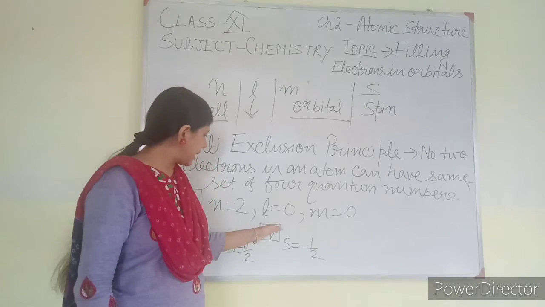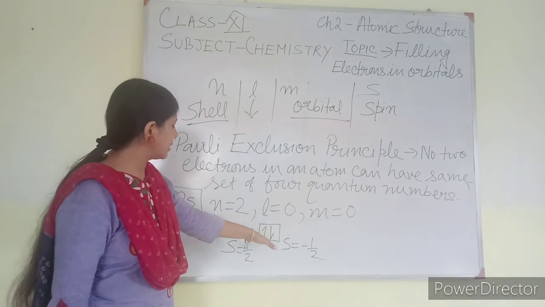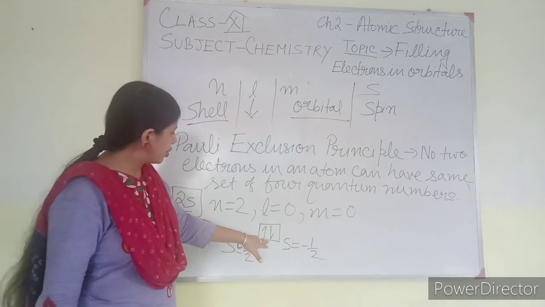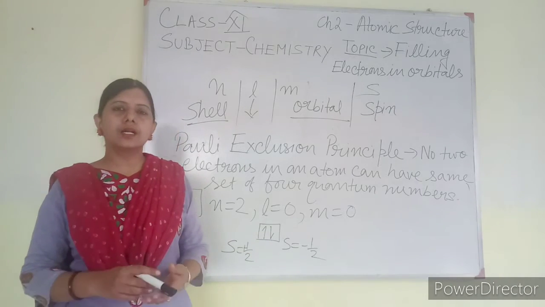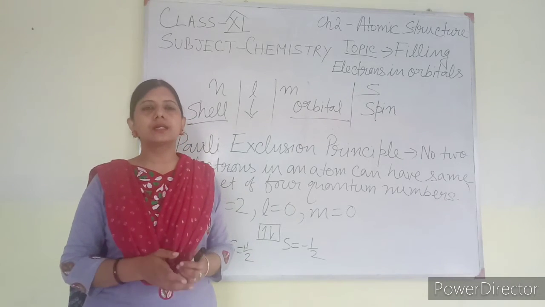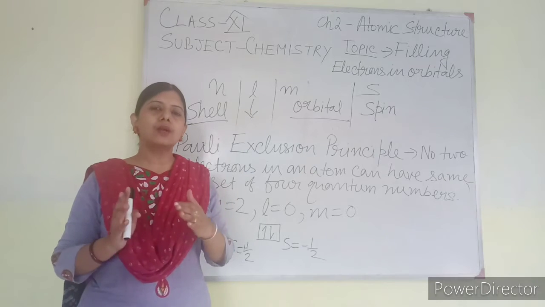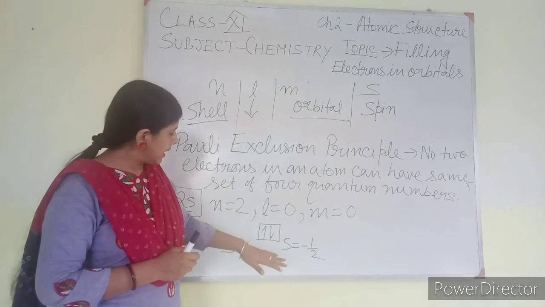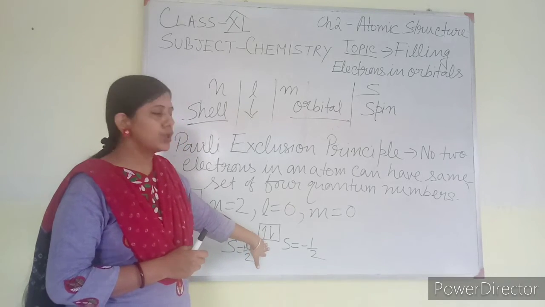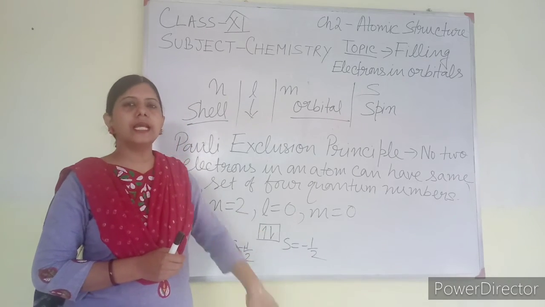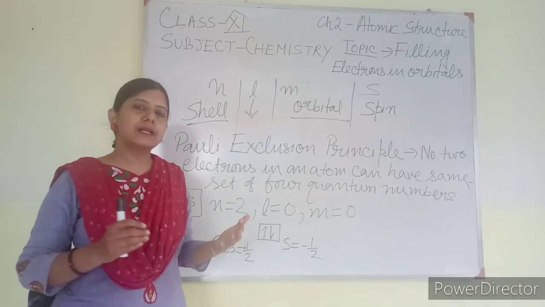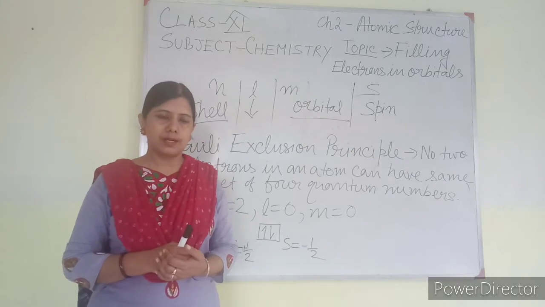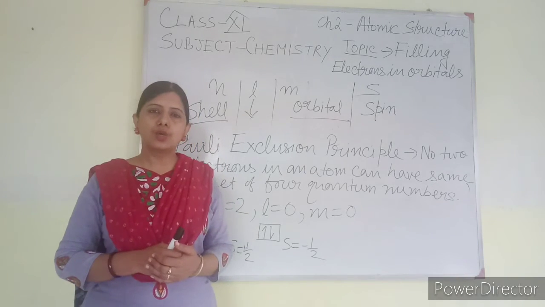So I cannot make entry of another electron in the same orbital. So I can come to another conclusion: in an orbital there cannot be more than 2 electrons. In an orbital a maximum of 2 electrons can enter, and each electron has a different spin quantum number. So this is my conclusion.